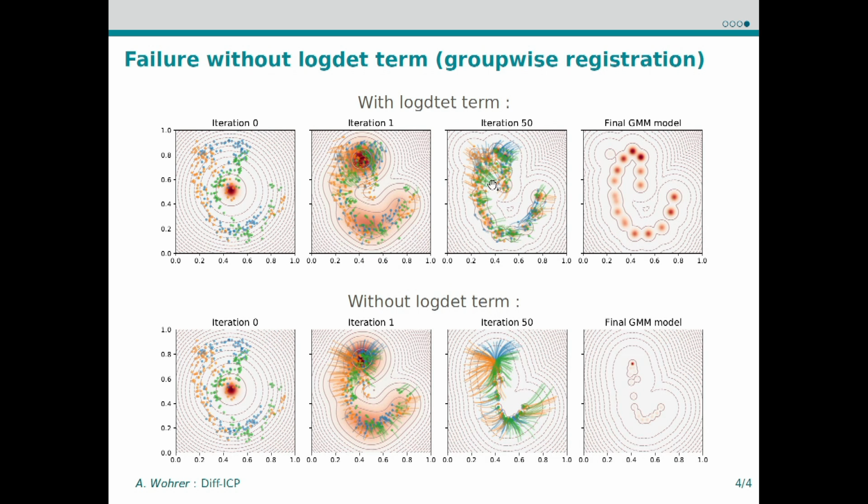If I do the group-wise registration without the log det term, basically the GMM model that's supposed to explain the data shrinks, just because once you shrink it, all the distances are closer, so you optimize your energy, but totally artificially. So that log det term asks for volume preservation, and it's really important for these algorithms to work. So you need to take care of it.